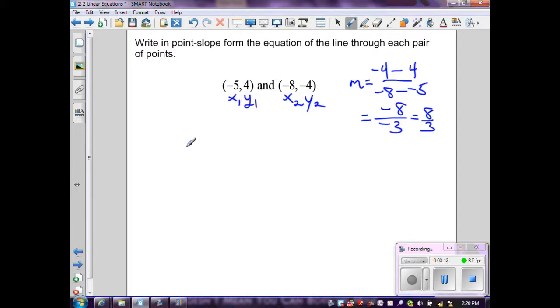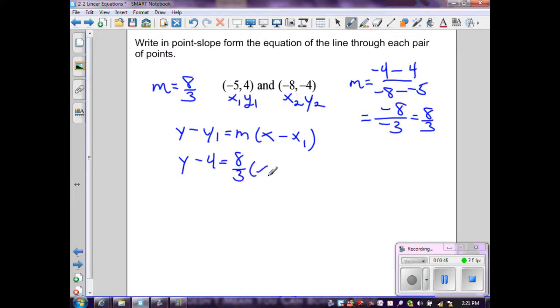We want to substitute our information, knowing our slope equals 8/3, and our first point in our set into the point slope formula. So y minus y1 equals m times x minus x1. That gives me y minus, using the first point given to us, a 4 equals m, which is 8/3, times x minus x sub 1, which is a negative 5.